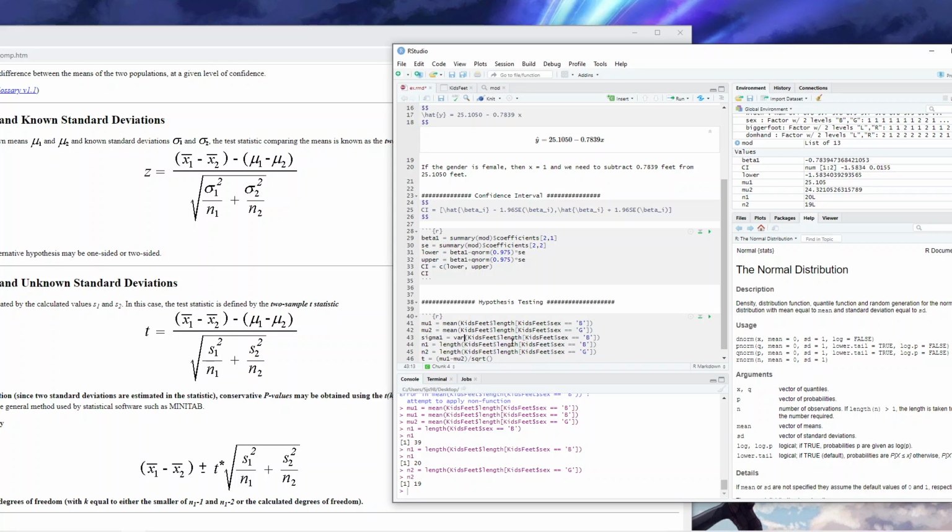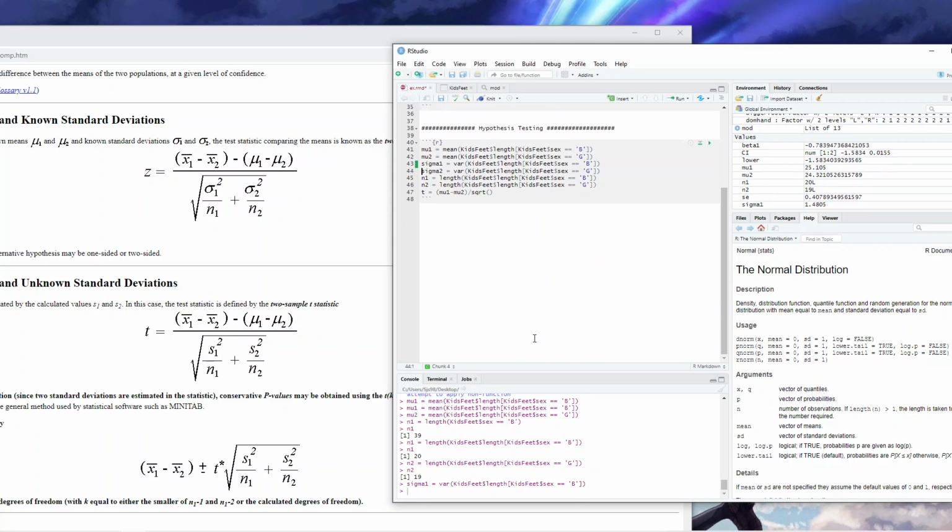Maybe we should use variances because I want to put a square here. So I will just use variance, for G, and 2.